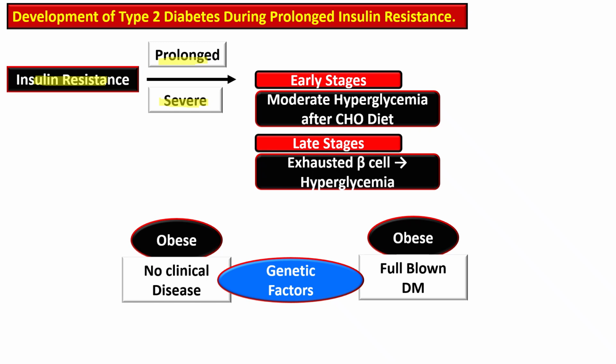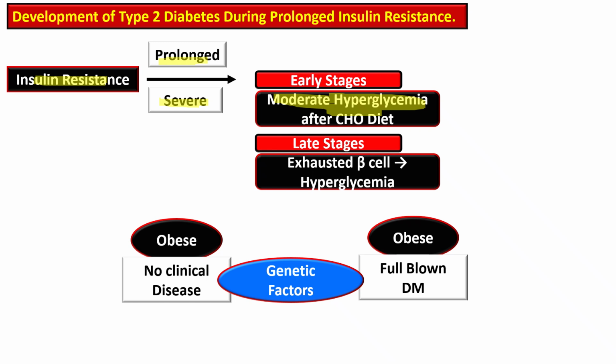In the early stage of compensated insulin resistance, the insulin resistance is there, but the pancreatic beta cells compensate by secreting high levels of insulin. Hyperinsulinemia occurs, and the blood glucose may remain near normal or show mild postprandial hyperglycemia after carbohydrate ingestion.